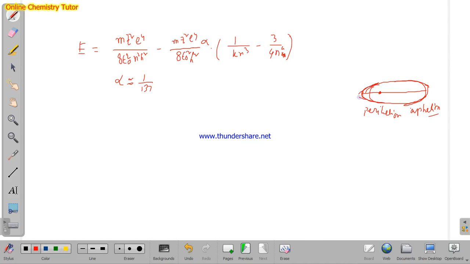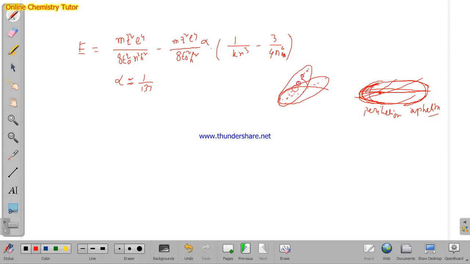At the perihelion position, velocity will be more, and for this reason, when the electron moves in this path, its major axis will slightly change in direction, and the electron moves in a rosette path, like that. Now the major axis is this one. Now this major axis is this one.